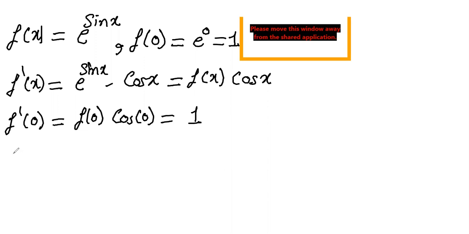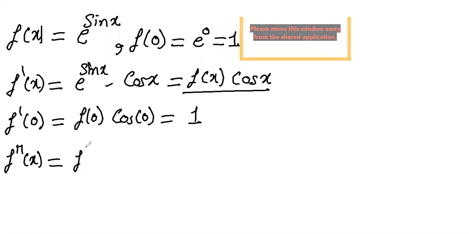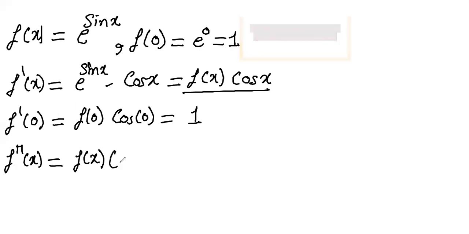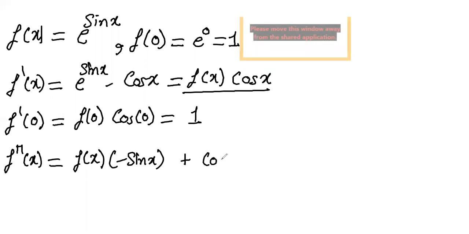Okay. F double dash x. So here we will use the u into v rule. Means first function is f of x, that is same, and differentiation of cos x is minus sin x, plus cos x same, and differentiation of f x is f dash.